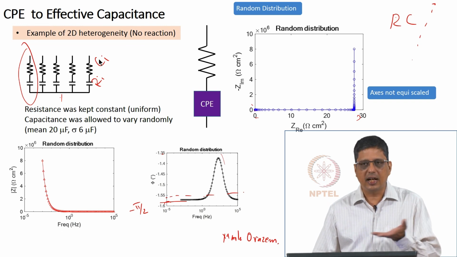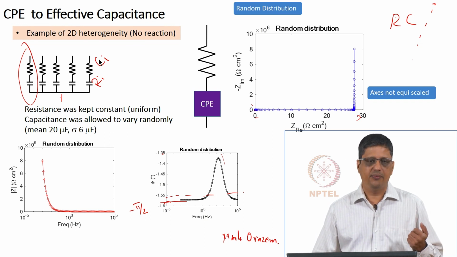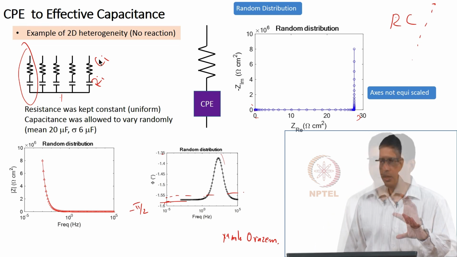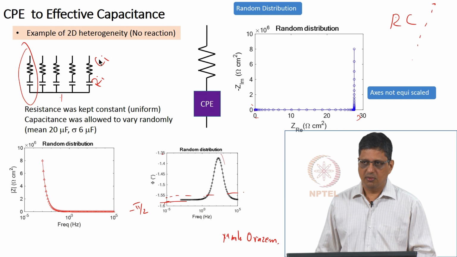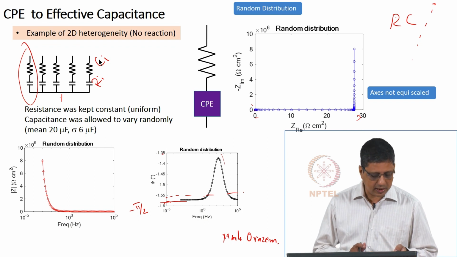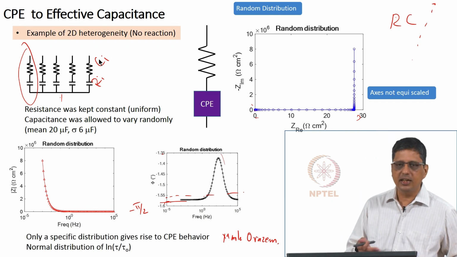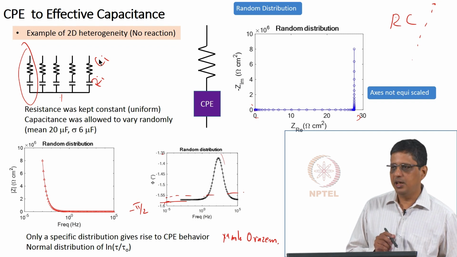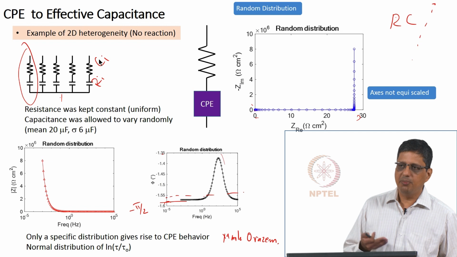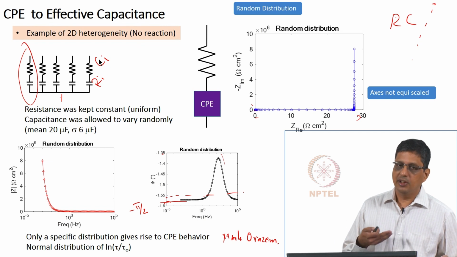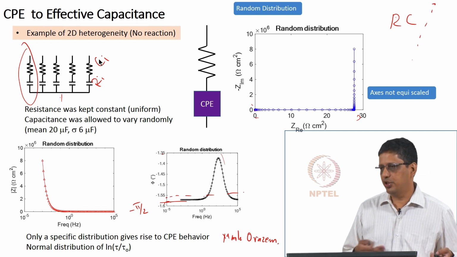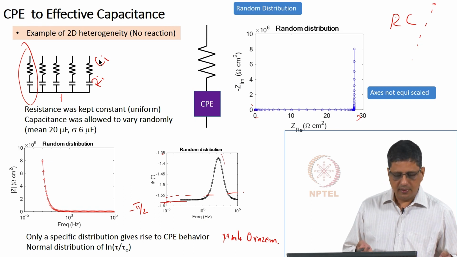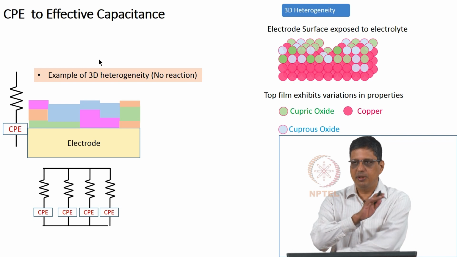We can't just say that they vary randomly or uniformly. You can't assume any distribution other than what is proposed there. I have not tested it, but I am taking it on face value that only a particular distribution will give you the CPE behavior. Of course, when we experimentally prepare, we are not somehow preparing in that distribution. So, that is a proposal to say that that can give rise to the CPE behavior.